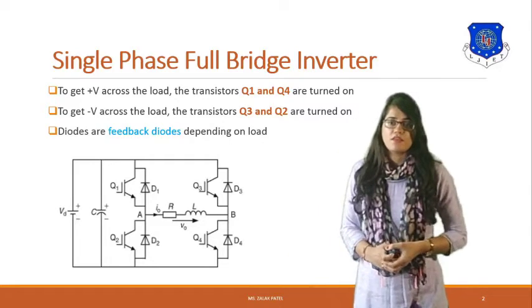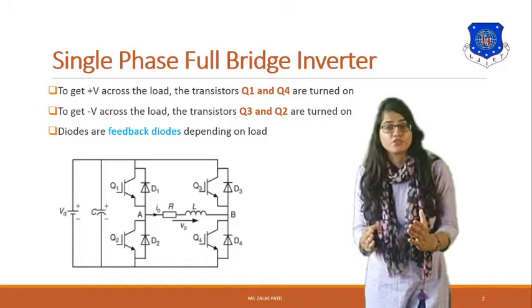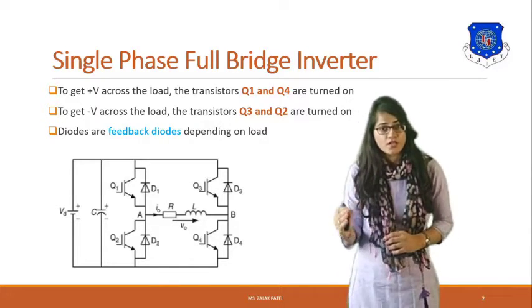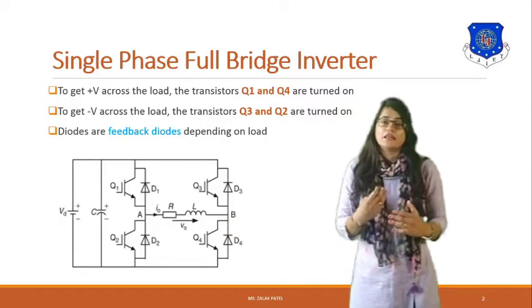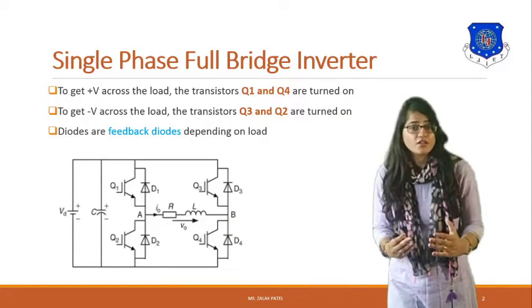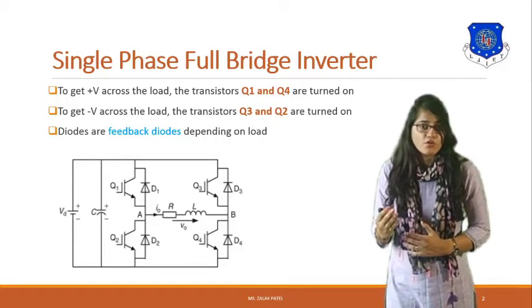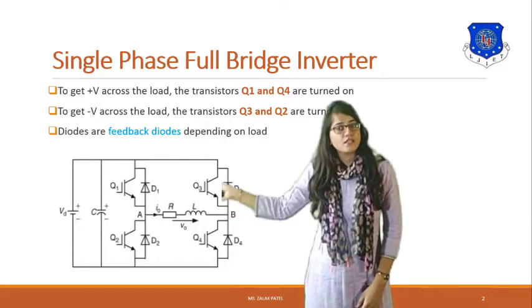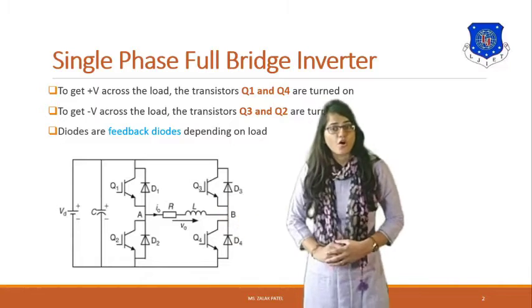For the first half cycle, the transistor with diode, Q1 and D1, will start operating with transistor Q4 and D4. And in the negative half cycle, means after the plus V by 2 voltage, when the negative V by 2 voltage is applied, at that time transistor Q3 with diode D3 and transistor Q2 with diode D2 will start operating.